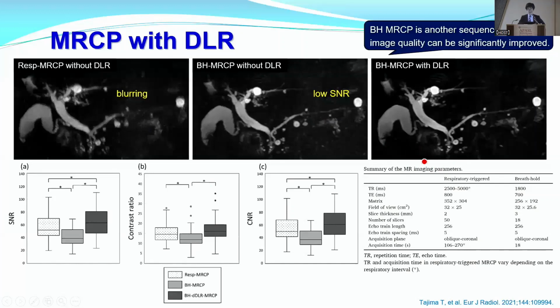Breath hold MRCP required a much shorter acquisition time compared with the respiratory triggered MRCP. And in this study, regarding the SNR, contrast ratio and CNR, there was higher image quality in the breath hold MRCP with deep learning reconstruction.